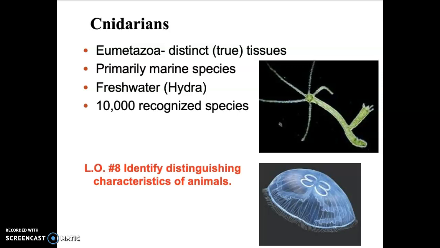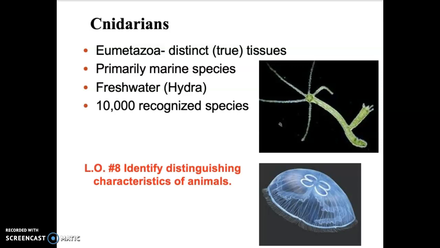Corals fall under Cnidarians, those weird colonial animals that have skeletons made of calcium carbonate. And also another group called anemones. If you saw Finding Nemo, Nemo lived in the anemone. The anemone belongs in the phylum Cnidaria.